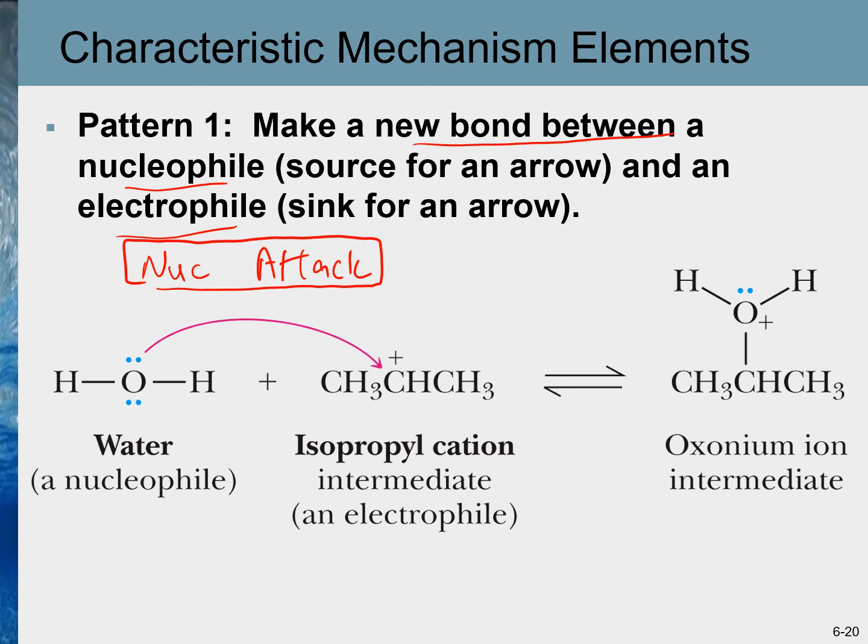For example, the water in this reaction is a nucleophile because it has an extra lone pair, so it attacks the electron sink, which is an electrophile because it lacks electrons. All organic reactions normally start with this pattern, so the first step of most reaction mechanisms will be a nuke attack.